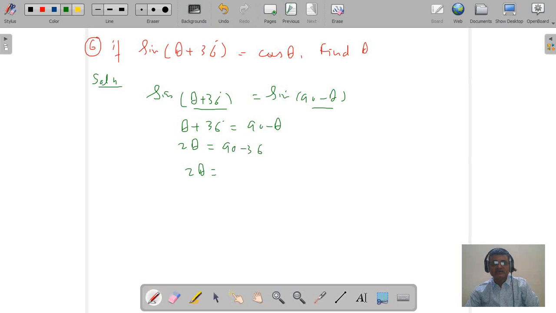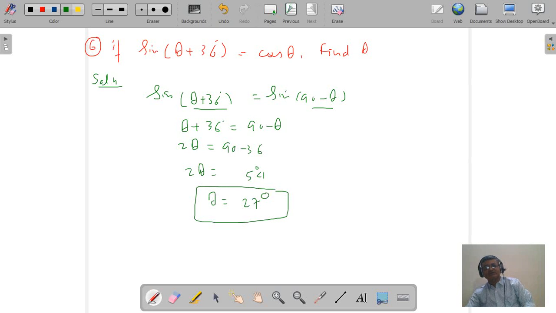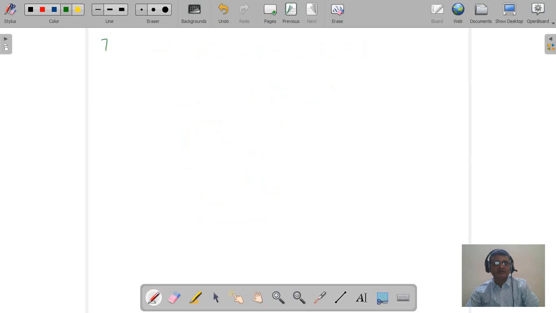So 2 theta is equal to 54 degree. So theta is equal to 27 degree. So this is the solution. So you can see how we are using the complementary angle formula to solve such kind of questions. Moving to the next question.